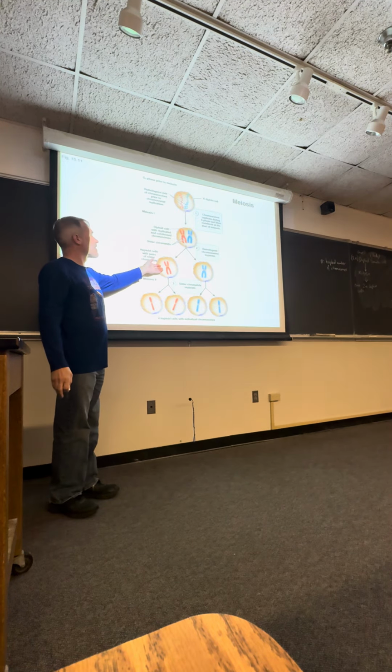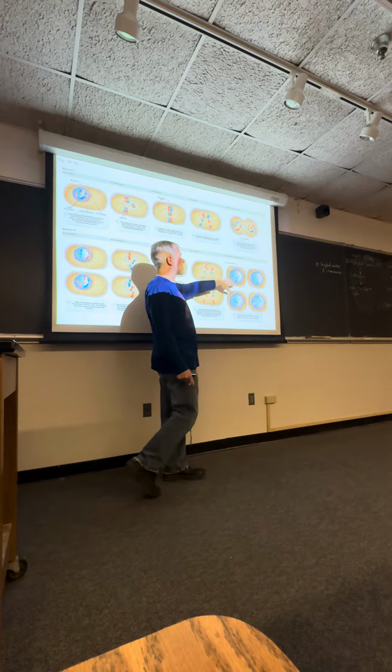So let's take a look at a couple of the places where meiosis differs. In large part, it's very similar to mitosis. We have a prophase, a prometaphase, a metaphase, an anaphase, a telophase, just like mitosis. And then we have it again: prophase 2, prometaphase 2, metaphase 2, anaphase 2, telophase 2.